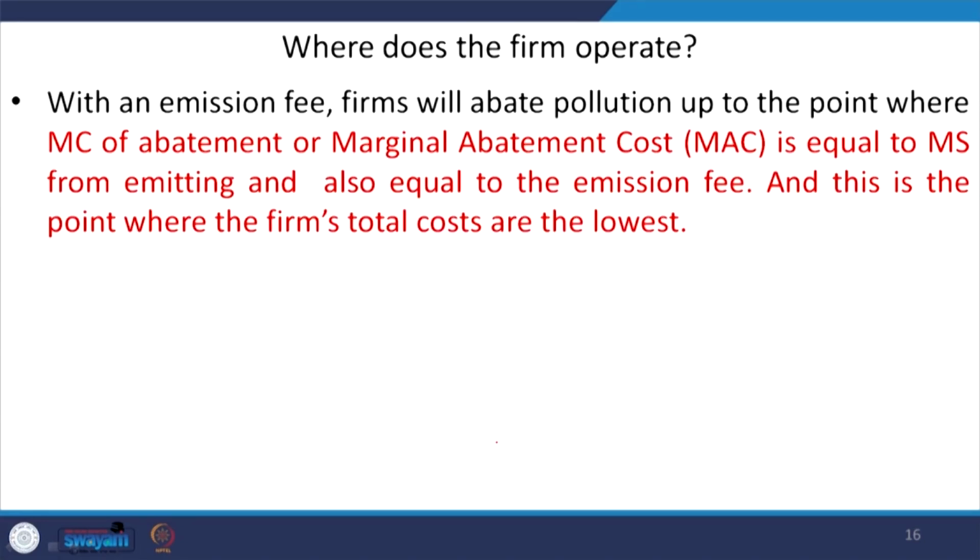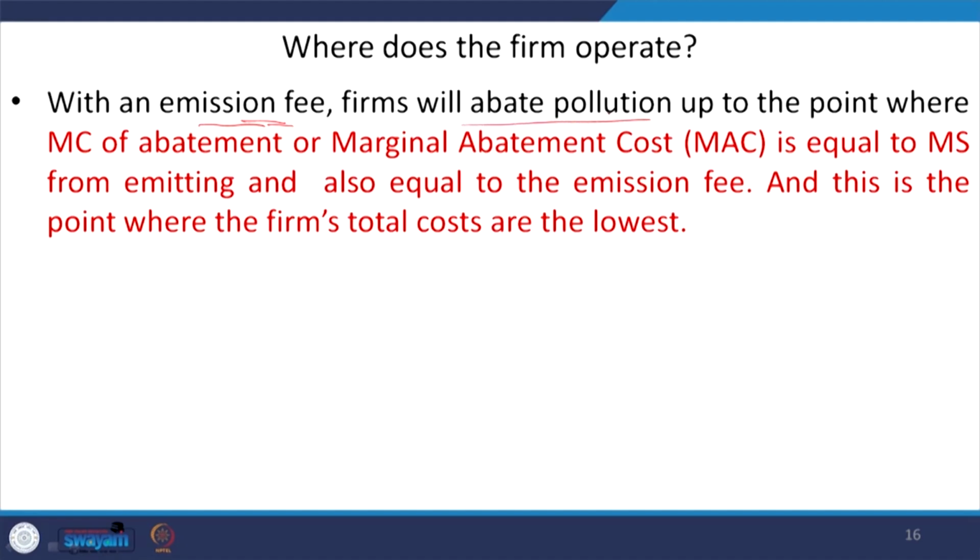Now, after understanding this concept, the next question we need to ask is: where does the firm operate? At what point will the firm be operating? When an emission fee or pollution fee is there, the firm will try to abate the pollution. To what extent will it reduce or abate the pollution?